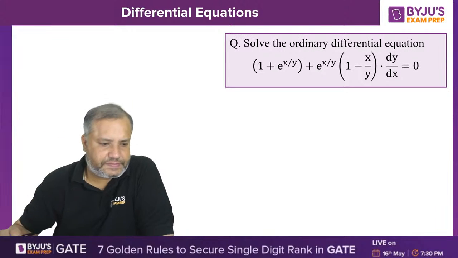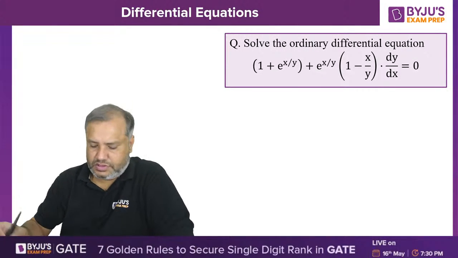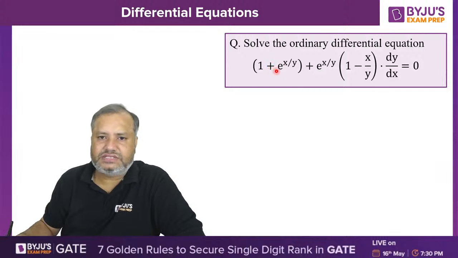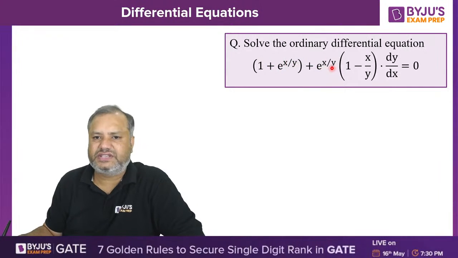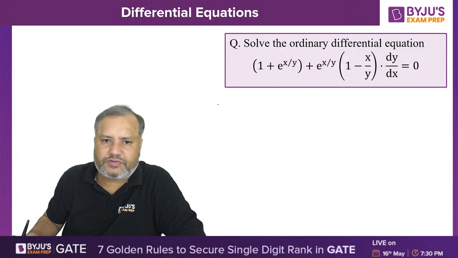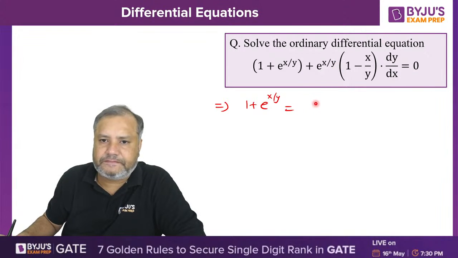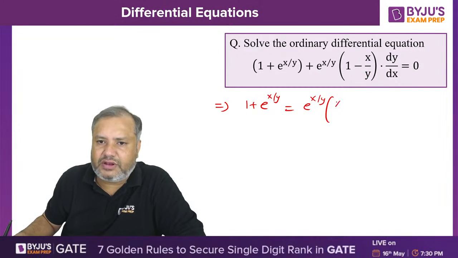See this question. (1 + e^(x/y)) dx + e^(x/y)(1 - x/y) dy = 0. So students, what we are doing, 1 plus e raised to x by y, this term is brought to the right hand side. So e raised to x by y, 1 minus x by y will become x by y minus 1, dy by dx.